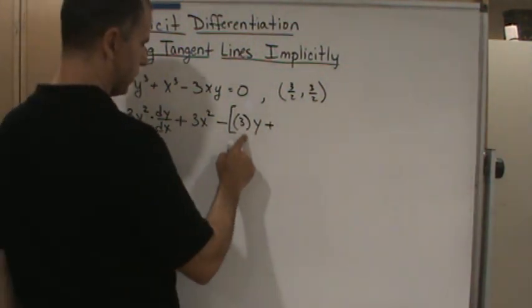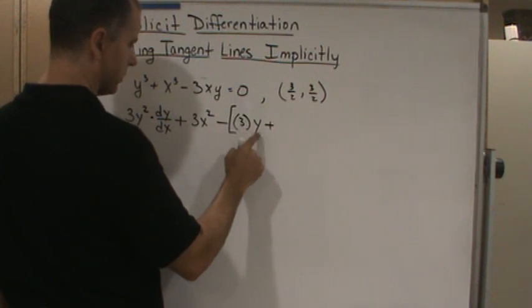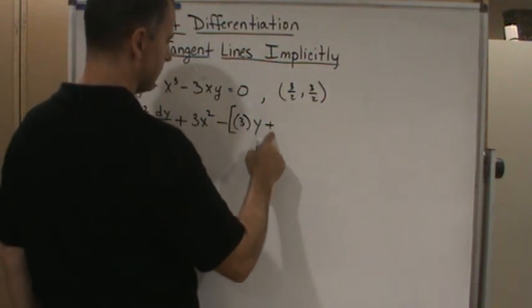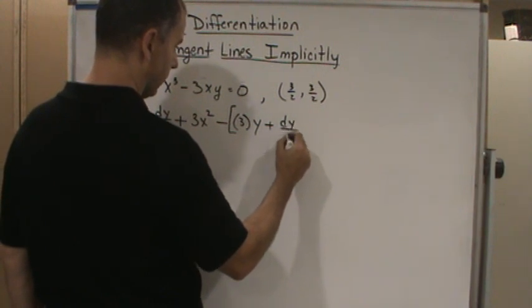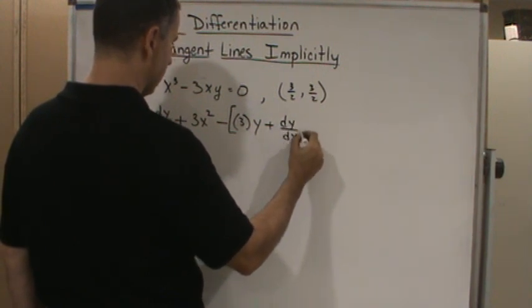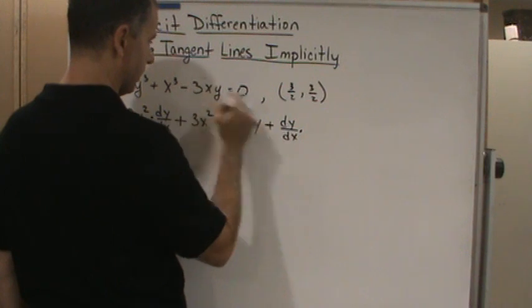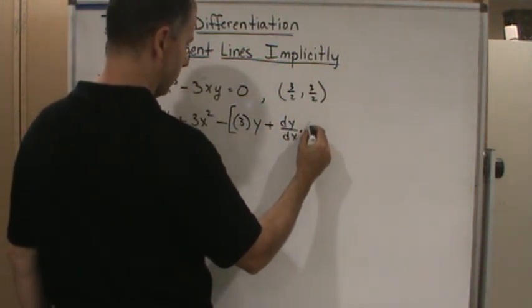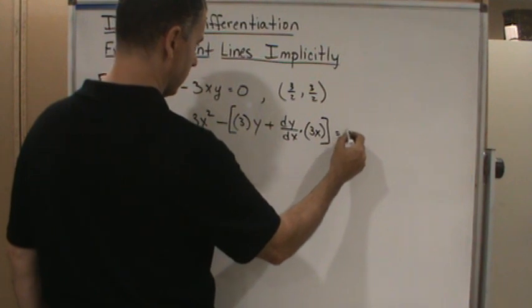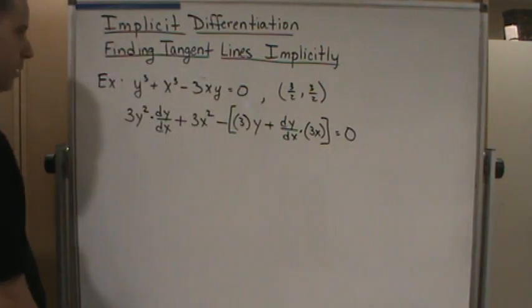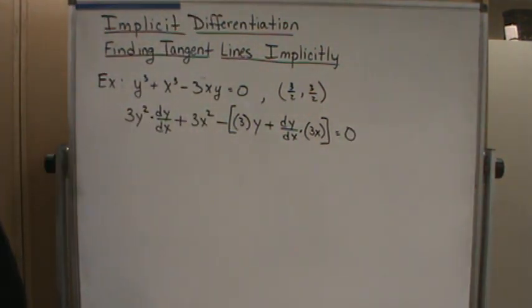So 3y, so it's going to be the derivative of the first times the second plus the derivative of the second, which is dy dx, times the first, which is 3x, equals 0. Right? The derivative of 0 is 0.